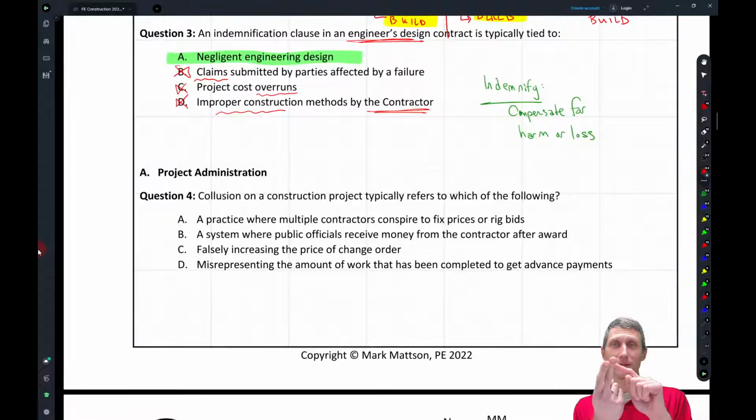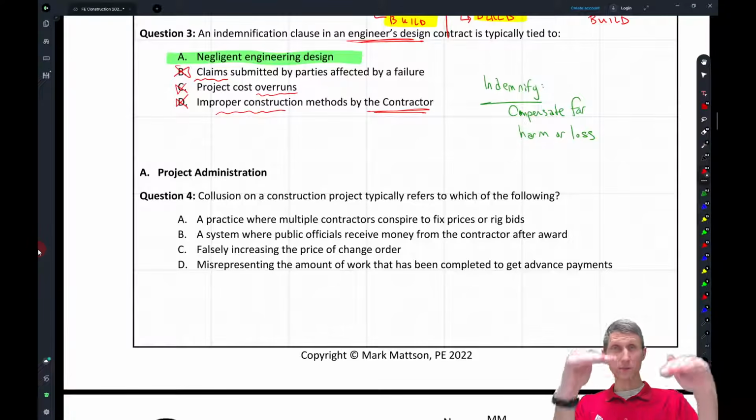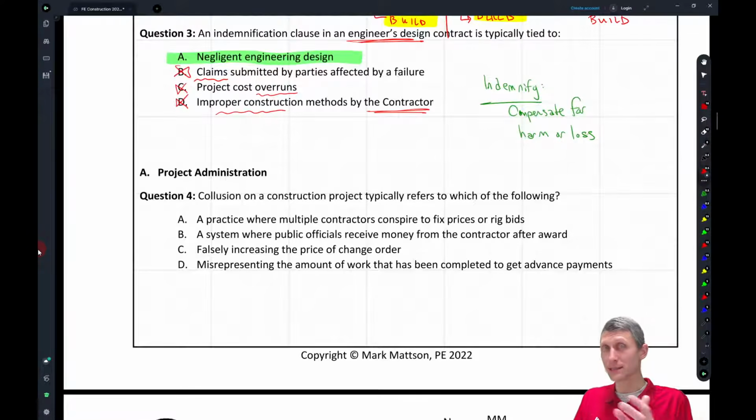But you get the picture, there's this conspiracy where these contractors artificially inflate prices and all work together to get the prices higher, but still have a low bid in the sense that there's one contractor that's been the chosen one to win the project and they all share the profits. So that's bid rigging, fixing prices. A bad practice, an illegal practice, and let's just keep going. We'll come back to that in a second.